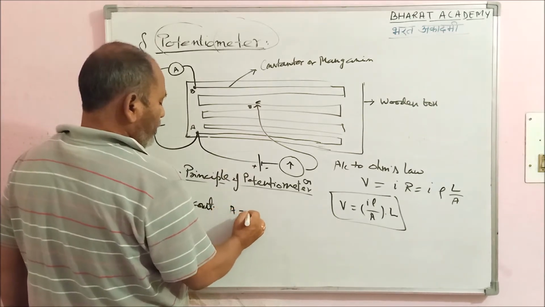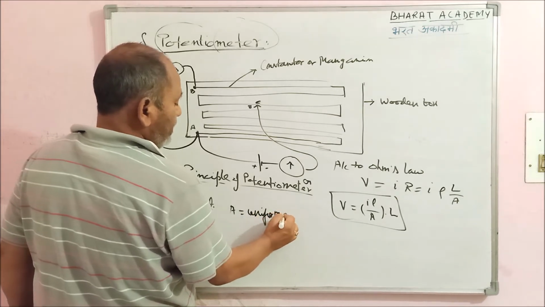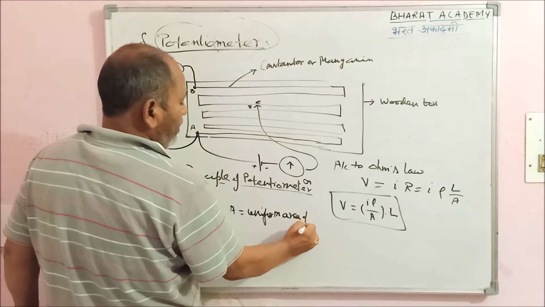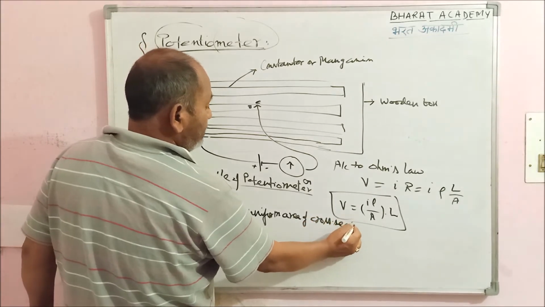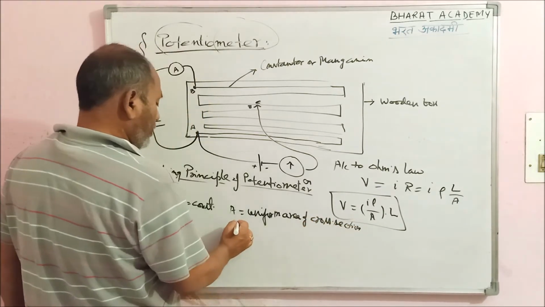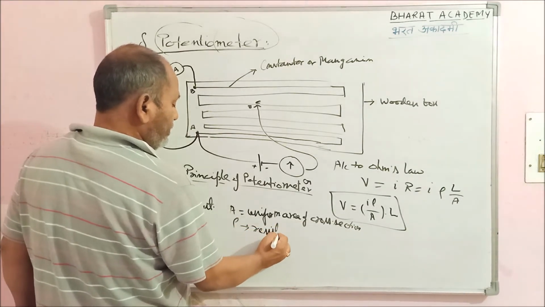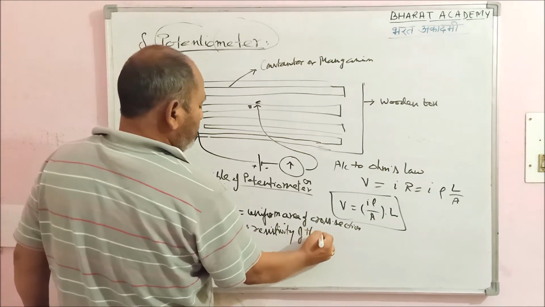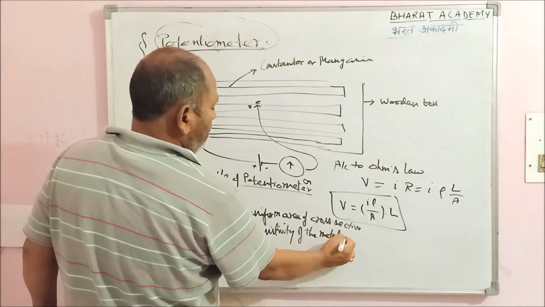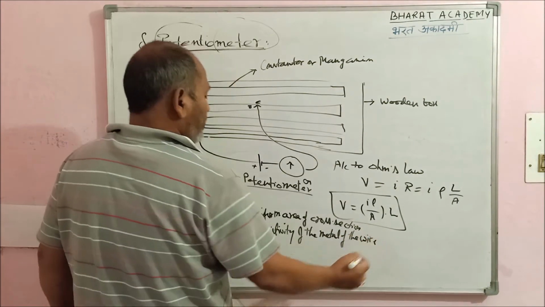A uniform area of cross section, rho resistivity of the metal of the wire, right?